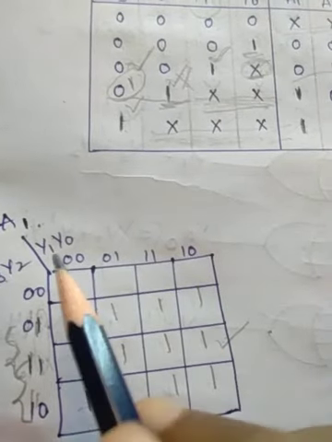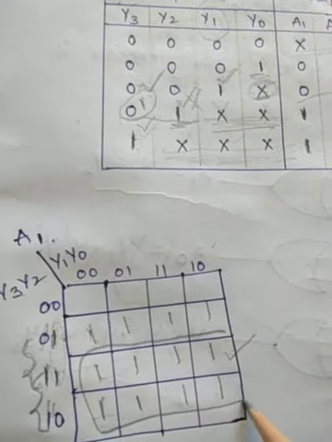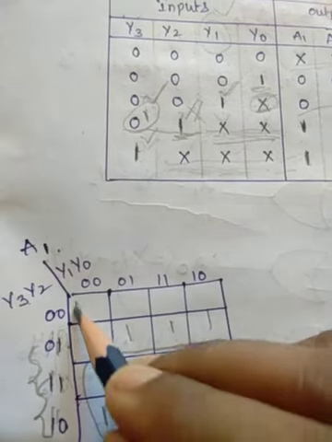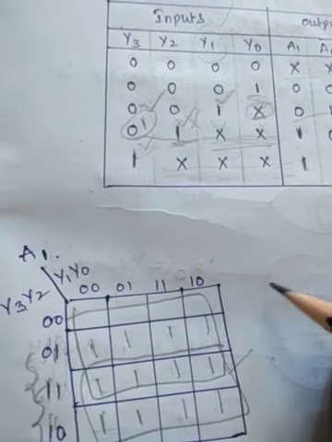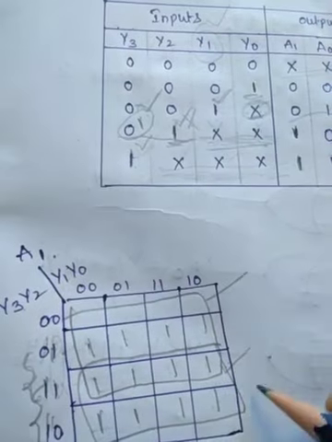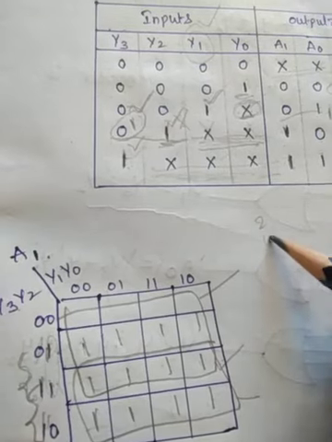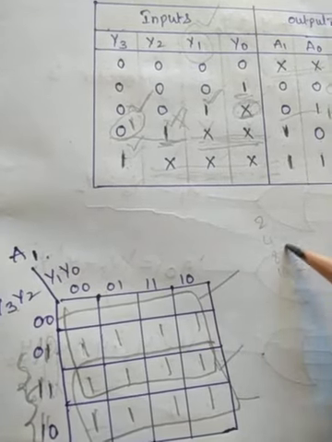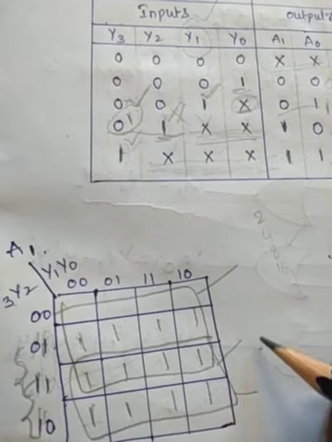And for the mapping of a1, we can map these 8 ones, and we can map these 8 ones. Mapping should be in the order of 2, 4, 8, 16 like that. So these 8 ones and these 8 ones.